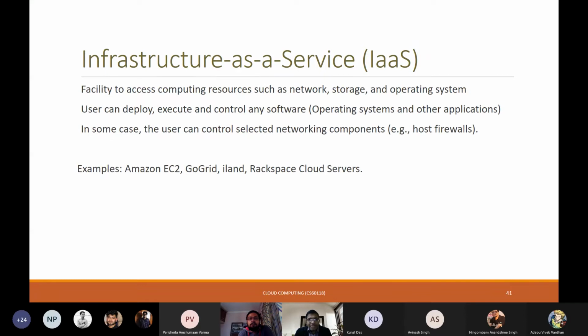Third is the infrastructure as a service, where it is all about computing infrastructure, CPU, memory, storage, or anything that you can think of other than these, which could be made available to end users without them having to purchase, procure, and deploy them for using them.